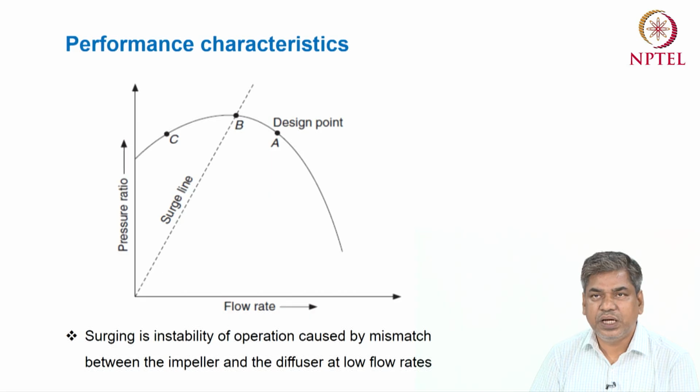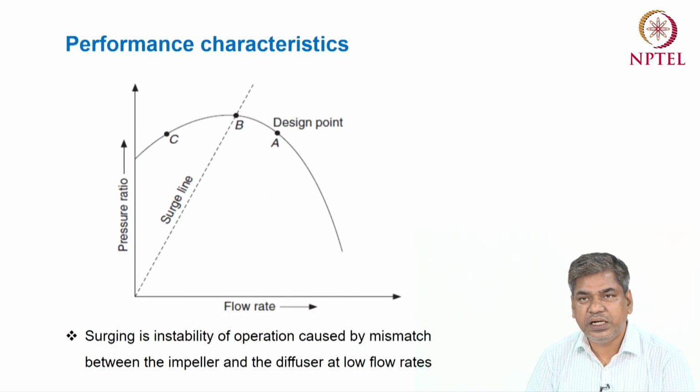Sometimes the flow rate to the rotary vane is higher and the flow to the diffuser is lower, and this higher and lower case will create some instability in the system. That's why we can get a surge line, where basically there is instability or mismatch between the impeller flow and the diffuser flow.